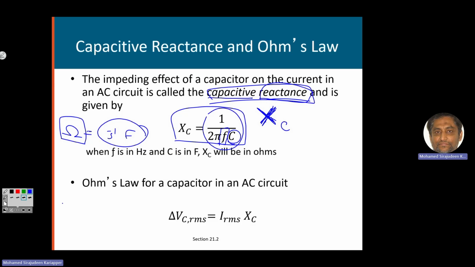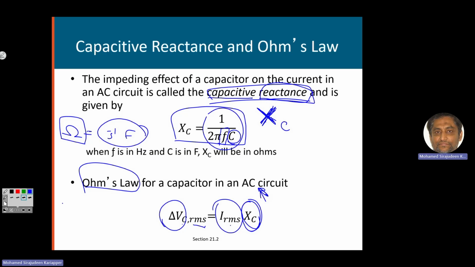This is called reactance. Then Ohm's law for a capacitor in an AC circuit: the potential difference across the capacitor, RMS value, is equal to the current RMS value multiplied by not resistance but capacitive reactance. Delta V is equal to I times R, but R is replaced by the reactance.